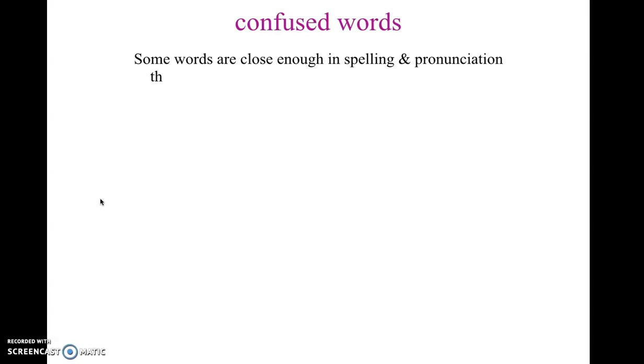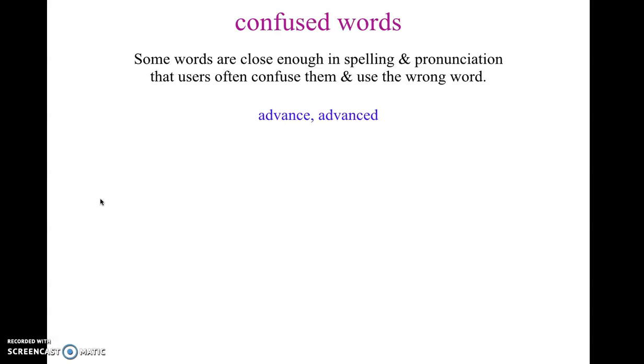So some confusing words. Some words are close enough in spelling and pronunciation that users often confuse them and use the wrong word. I have a couple examples, advance and advanced. I will tell you about the party in advance. This means I will tell you about the party before the party. So advance here means somehow before something else. So in this case, before the party.